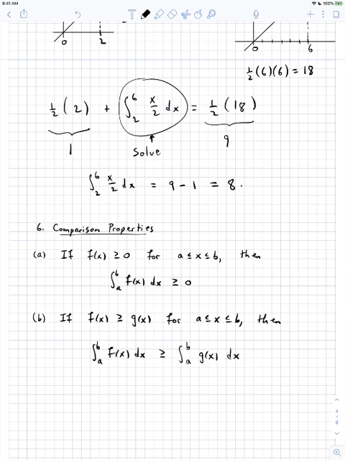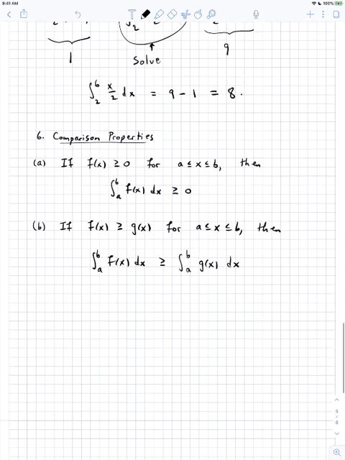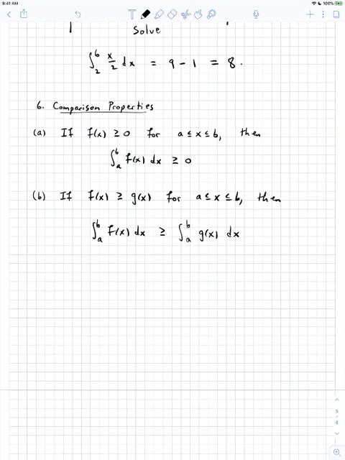And here, again, the idea is geometrically simple, at least if you imagine that the functions are positive. So if you imagine that the functions are positive, then this first integral, the integral of f, is the area underneath f. And the integral of g is the area underneath g.